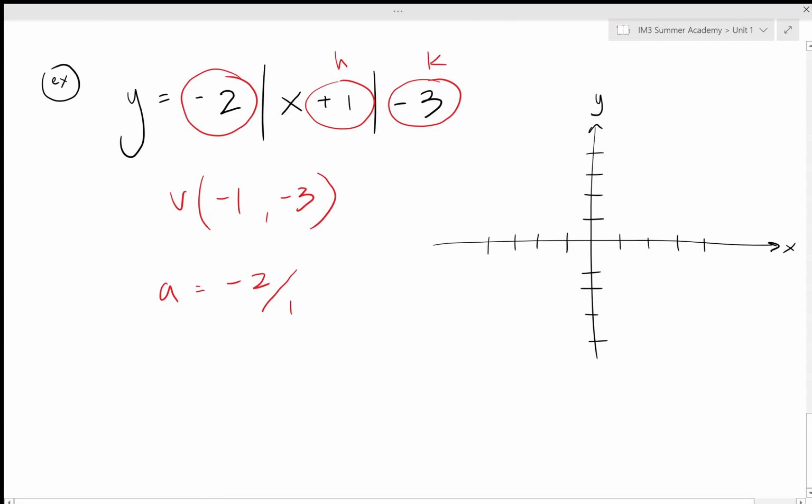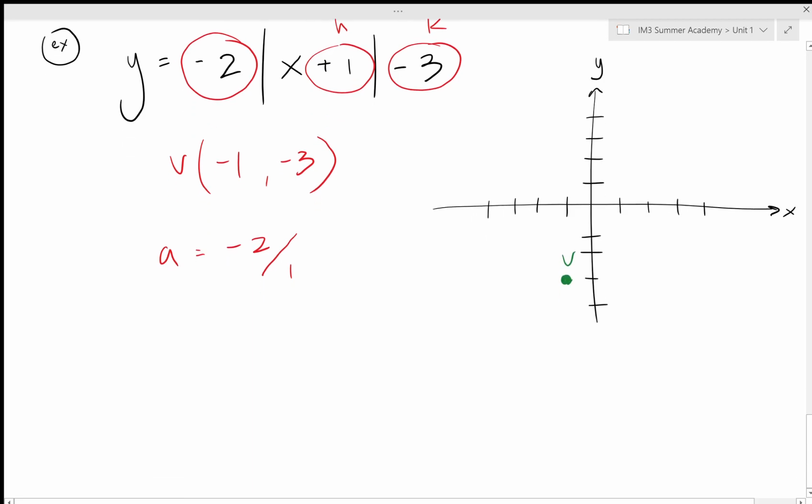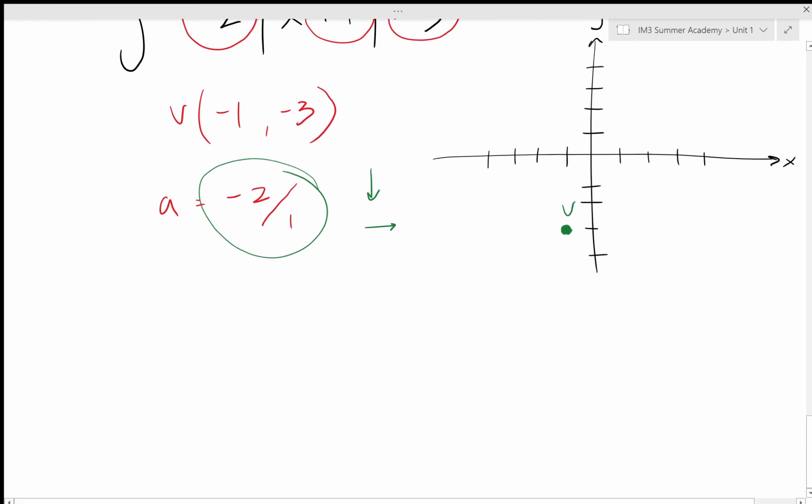All right, so my vertex negative 1, so that's 1 to the left and then 3 down. That's my vertex. And now I'm going to read my slope. Negative 2 means that I'm actually going to go down 2 and 1 to the right.